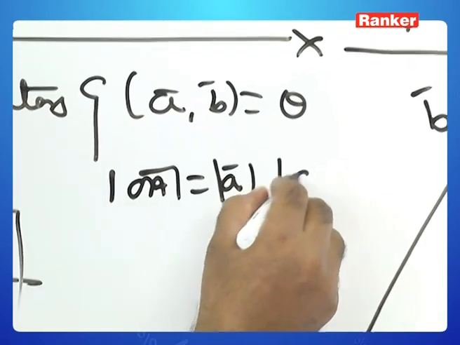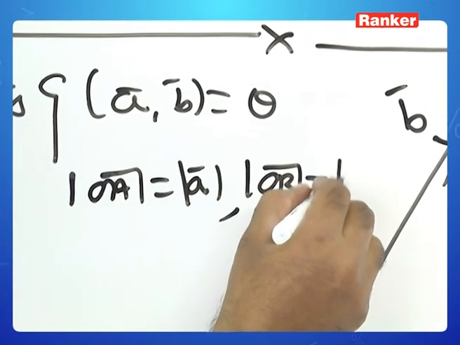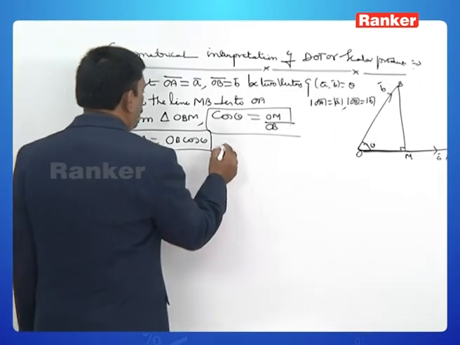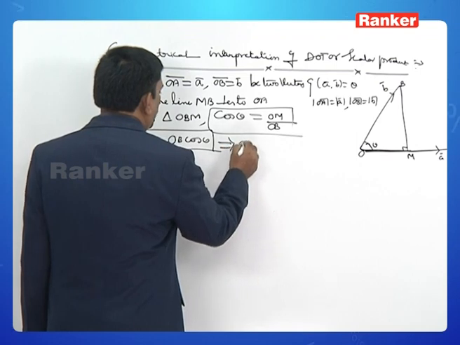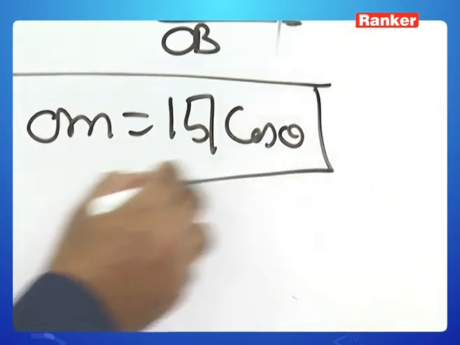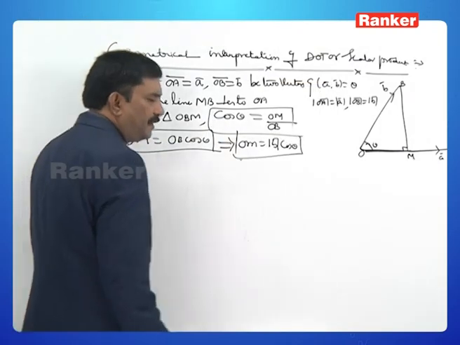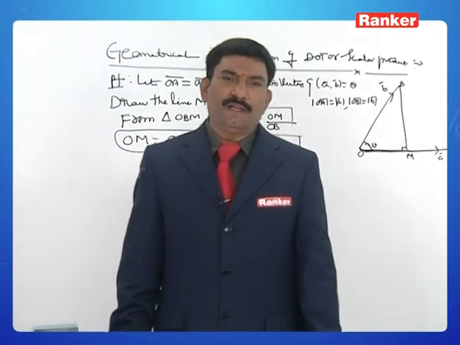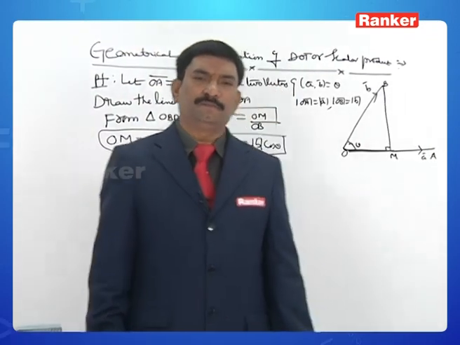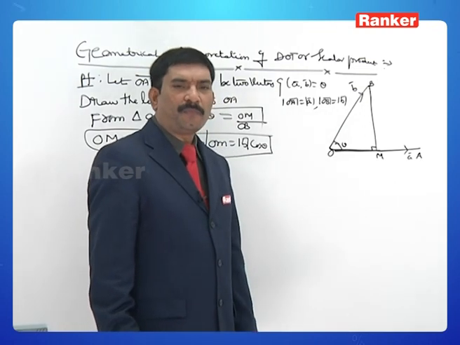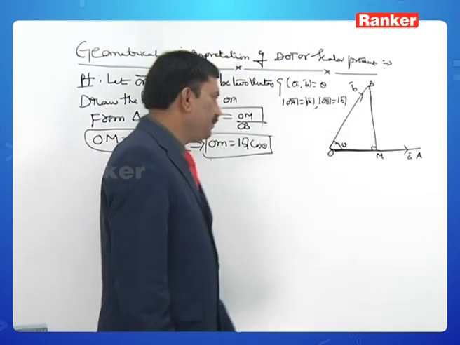Modulus of A bar. Modulus of B bar. So therefore, I can write OM is equal to mod B into cos theta. Here theta is acute, so the projection is positive.